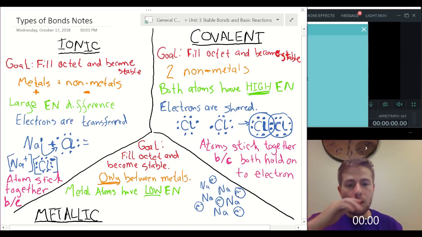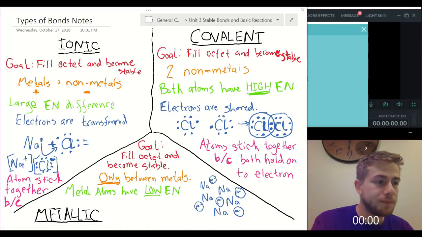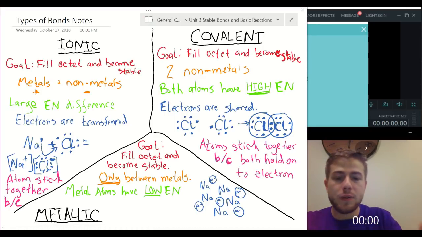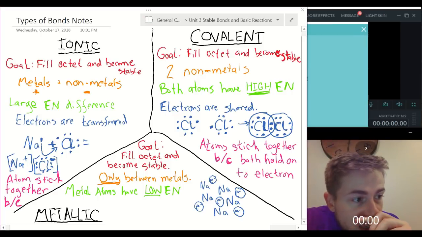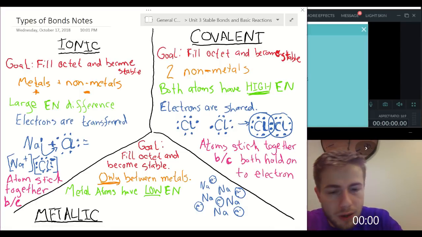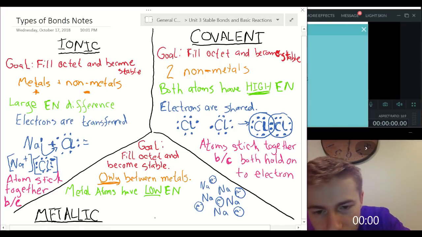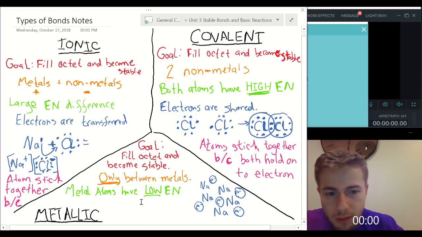Okay, so all of those atoms have let go of their one valence electron, so we've got 5 valence electrons just floating around. And this is known as a sea of electrons. So we're going to say electrons are released into a sea of electrons. Let me scoot it up just a little bit so I have enough room.